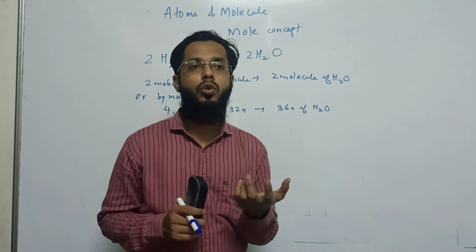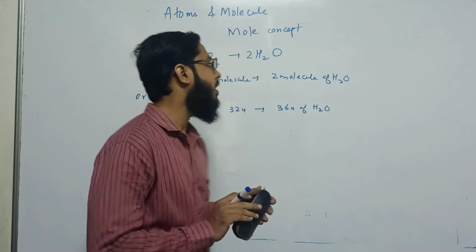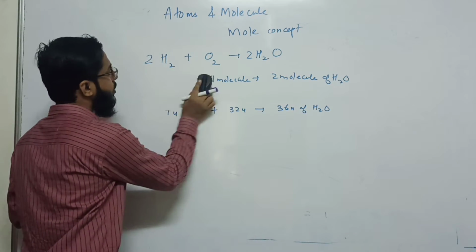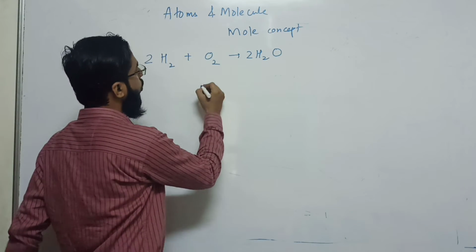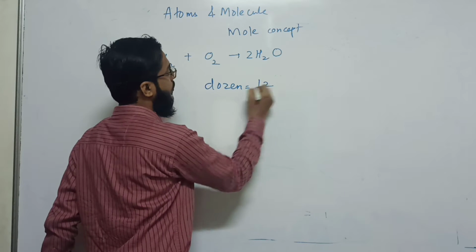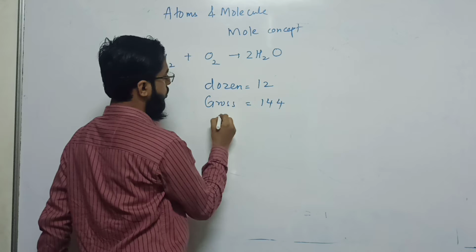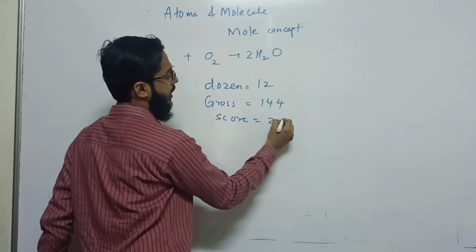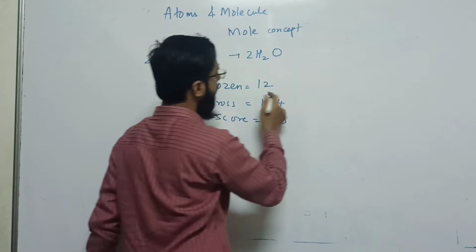Same way, a score means 20, or a gross is 144. So there is a concept, the mole concept. Mole is actually a number, like dozen is 12, gross is 144, score is 20.